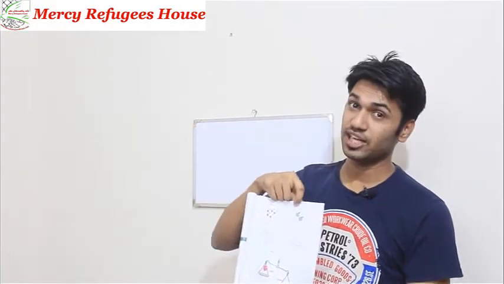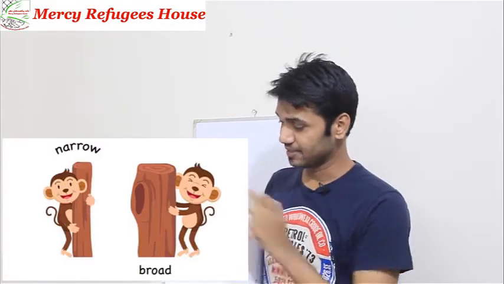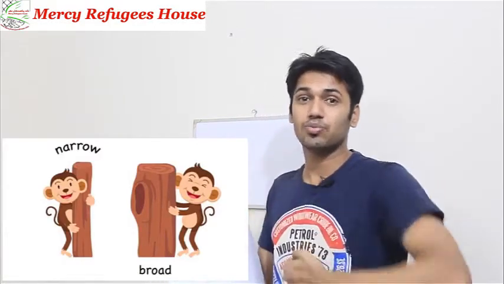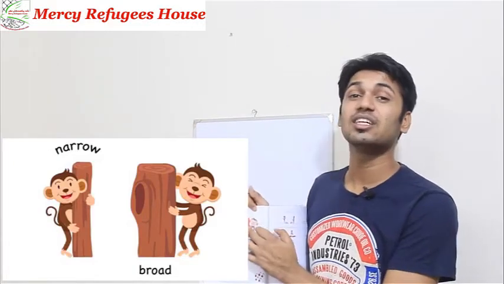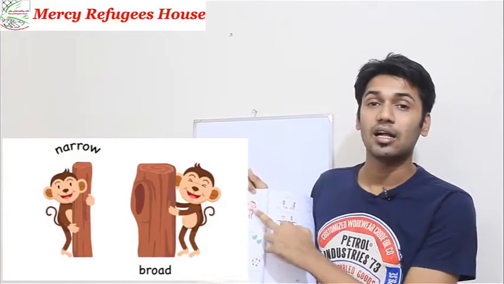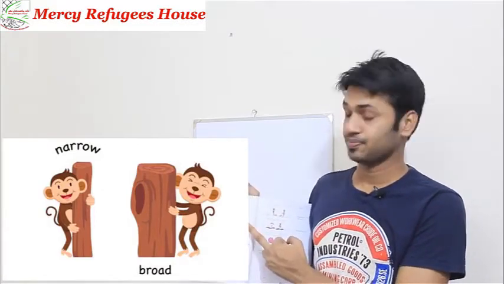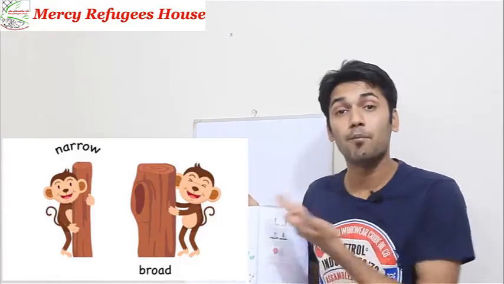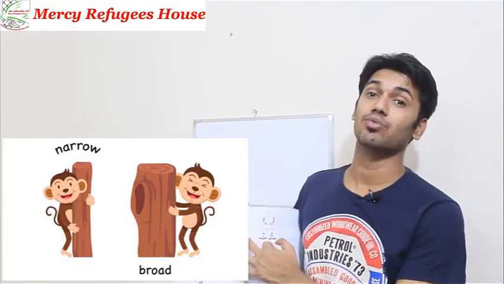Now let's go to the next page. So what do we have here? Look at this monkey. It can hold the whole thing, right? The whole thing. This is why we are calling it narrow. Here he cannot hold the whole thing using his two hands. That's why we call it broad. This is narrow and this is broad.